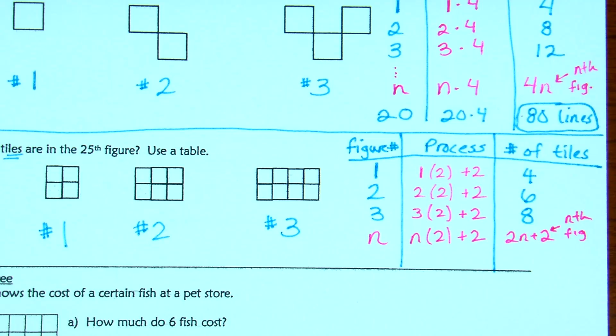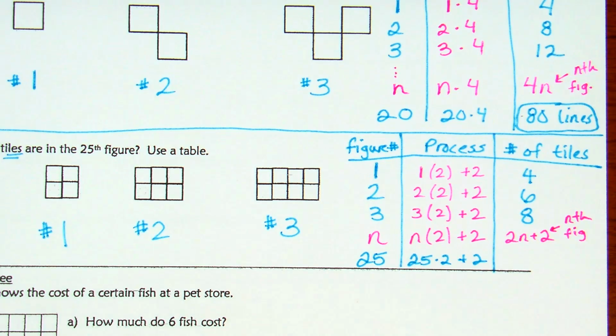And what did they really ask for? 25th. So what'd you guys do? 25 times 2 plus 2 is 52. So that is 52 tiles.